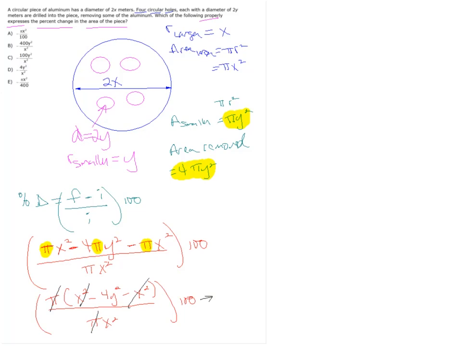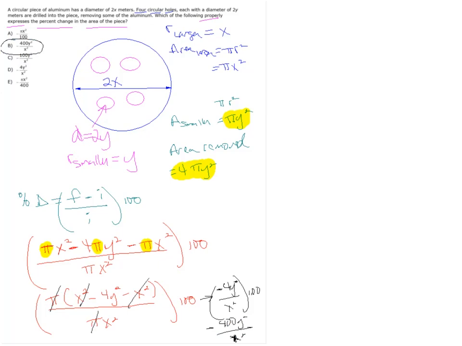We're basically left with minus 4y squared over x squared times 100, which gives us minus 400y squared over x squared. At this point, there's nothing more that we can simplify. Let's hope that answer choice is up there. Yes, it is. So that's answer choice B, as in boy.